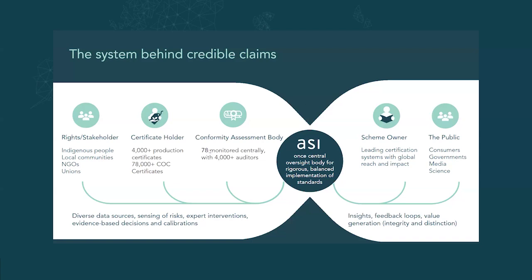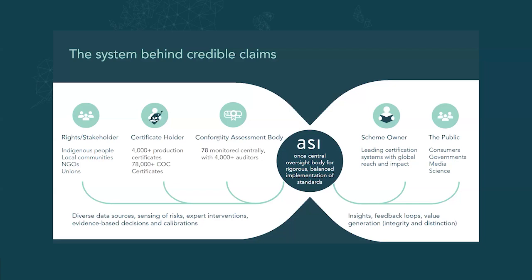At the moment, we have 78 conformity assessment bodies that we work with, and those bodies have more than 4,000 auditors. We also call them CABs in short, or CBs, standing for certification bodies. So when I speak about a CAB later on, I mean conformity assessment body.